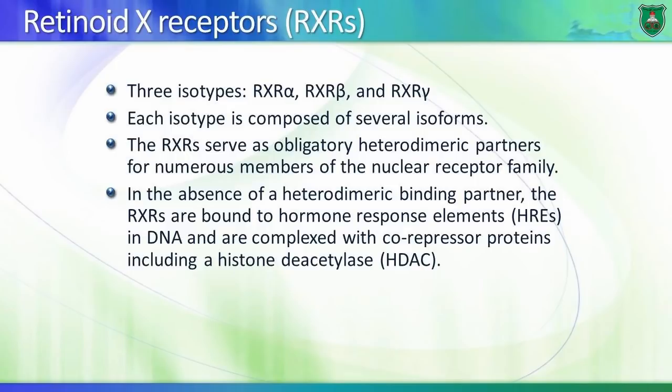You have replacement of co-repressors by co-activators. These co-repressors include the histone deacetylase, if you remember. These are the enzymes that remove the acetyl group from histones, exposing the negative charge. So the interaction between histone and DNA is strong, packaging the DNA tightly and repressing gene expression.